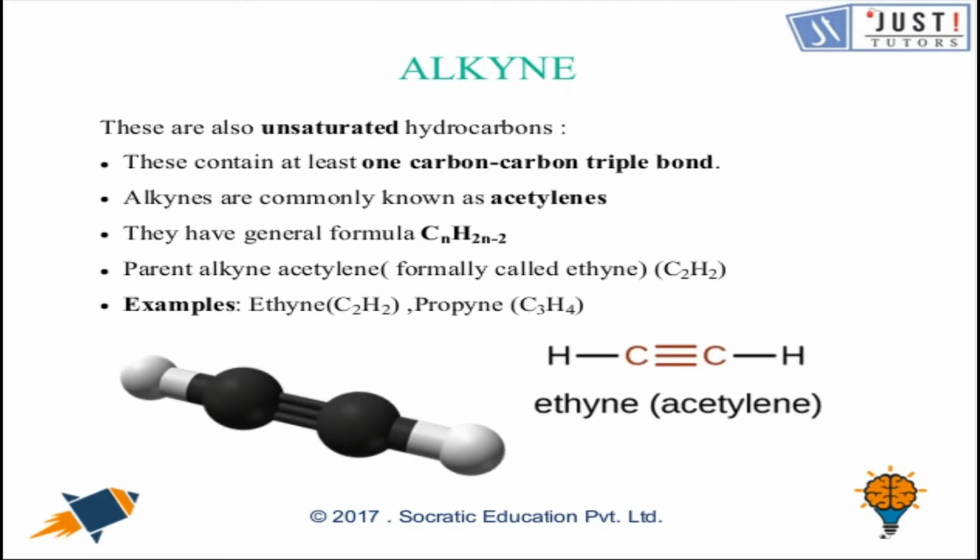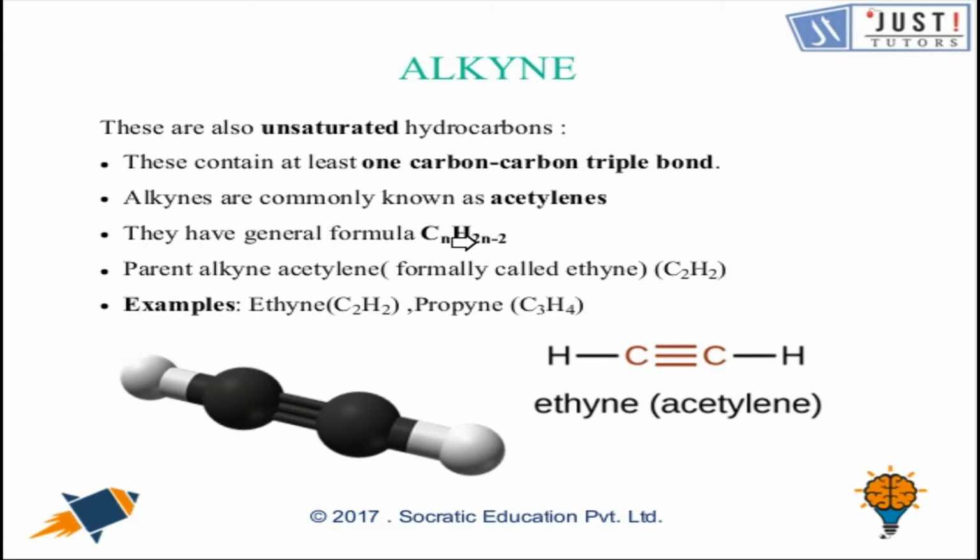The third type has a triple bond, and we call it alkynes. This group is called alkyne, where we have at least one triple bond between the carbon atoms. The general formula is CnH2n-2, and that's also an unsaturated hydrocarbon. Let's say we have two carbons here.